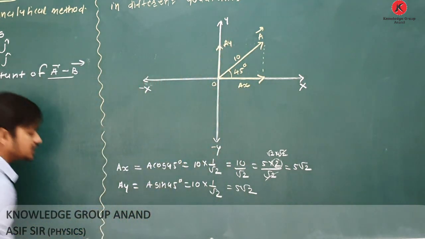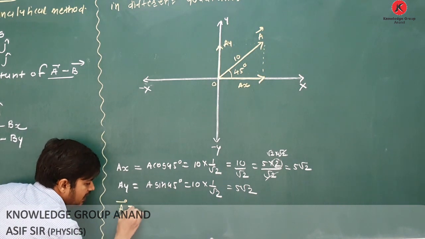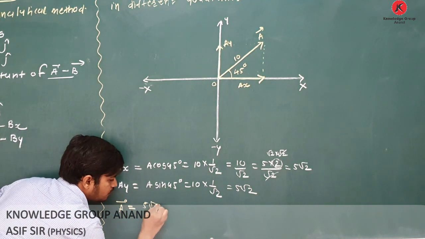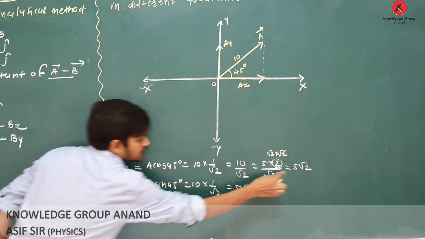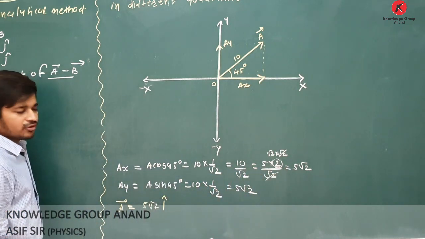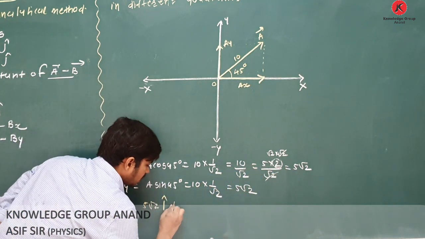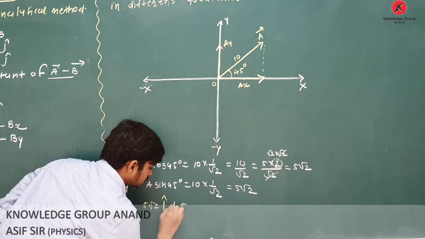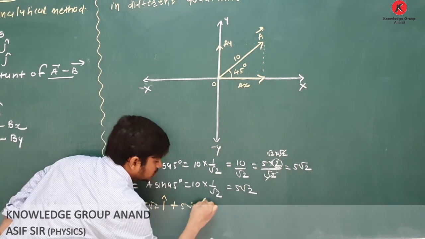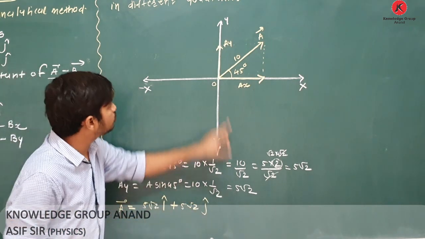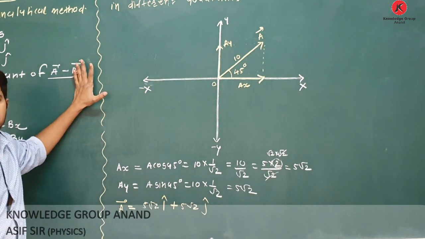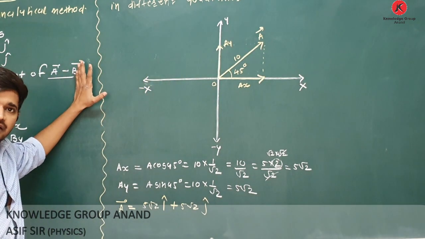Then I can write vector A as 5 root 2 i caret, because Ax is 5 root 2 and it is in the positive x direction, plus 5 root 2 j caret, because this y component is along the y direction. Clear about this?